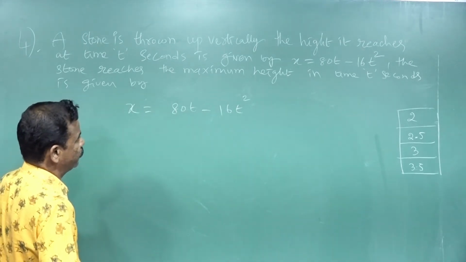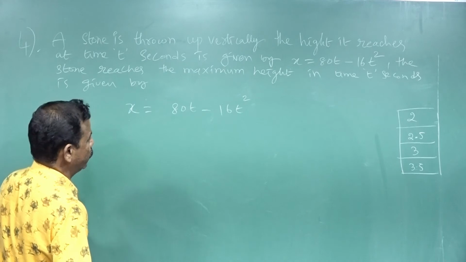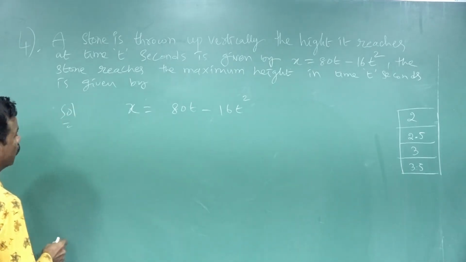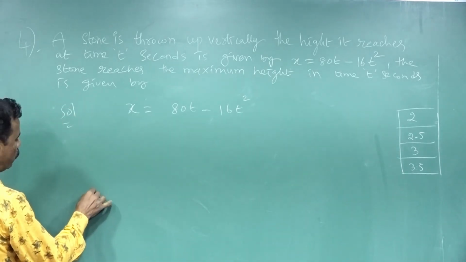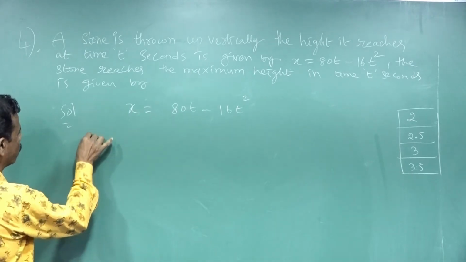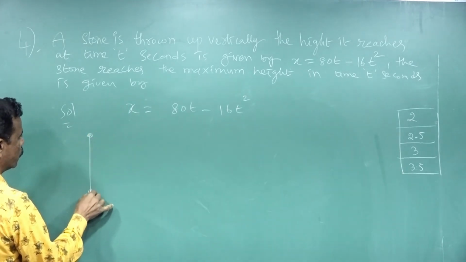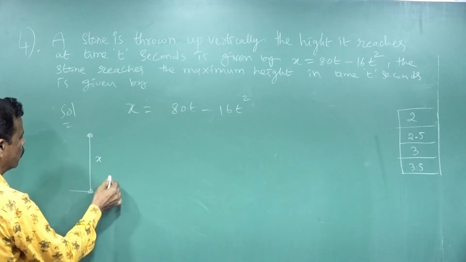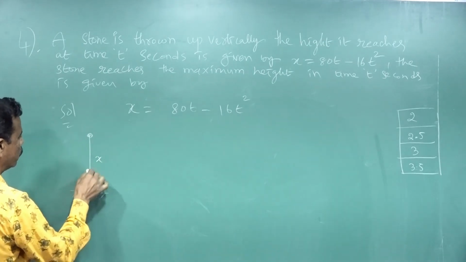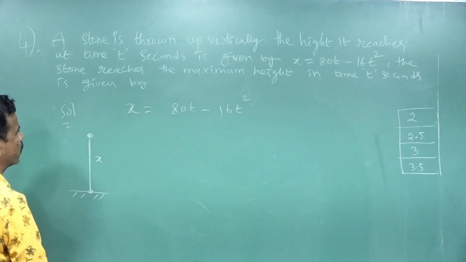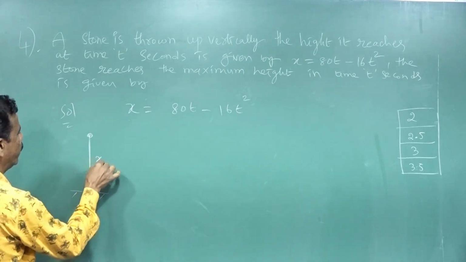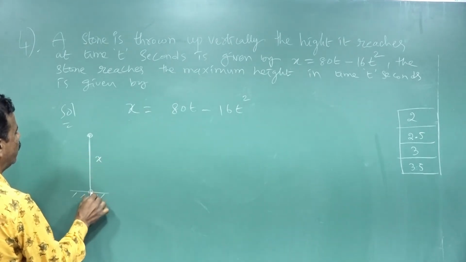So anyhow he is asking when the maximum height is reached. When a stone is thrown upward, this is the ground, this height is x, x in terms of t, vertically upward.